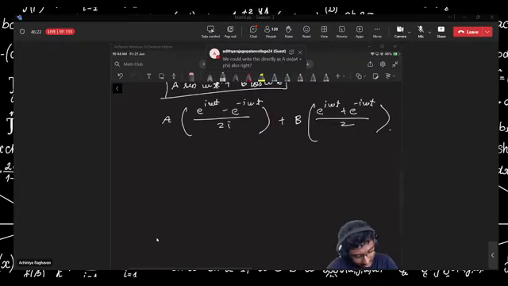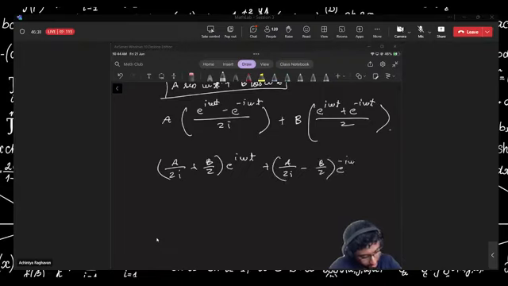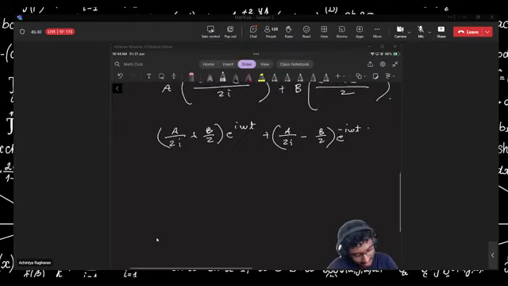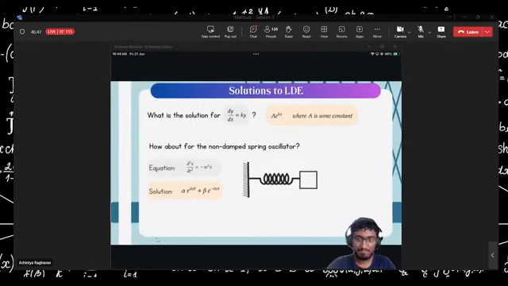Simplifying this, we get a by 2i plus b by 2 times e power i omega t, plus a by 2i minus b by 2 times e power minus i omega t. We can represent this as some alpha, this as some beta, and we get a solution which is shown here. It's the same.